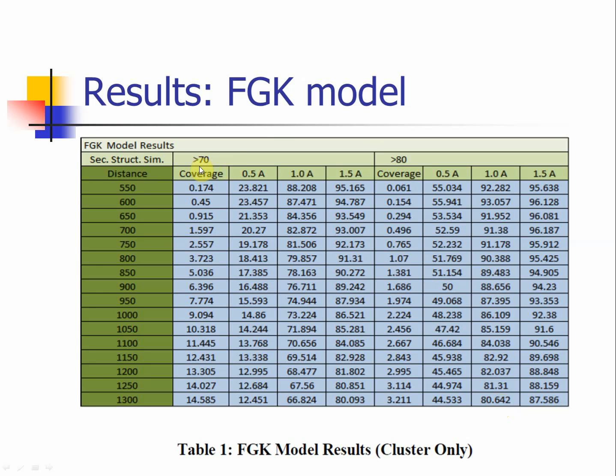On the other side, if we use more motifs, now we look into the motifs that are greater than 70%, we can increase the coverage. So you can see that the coverage is actually increasing. While we increase the coverage, the accuracy may go down. So in the greater than 70% motifs, 1 Angstrom wise, starting from 88% goes to 66%.